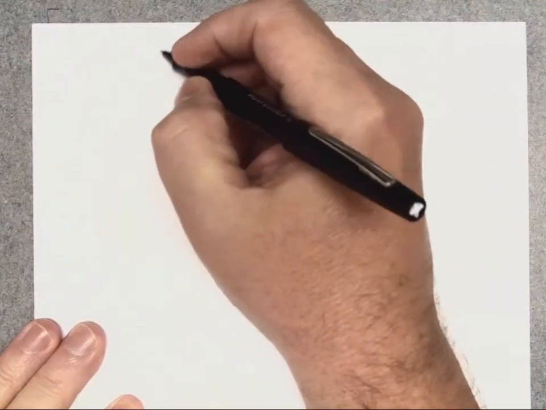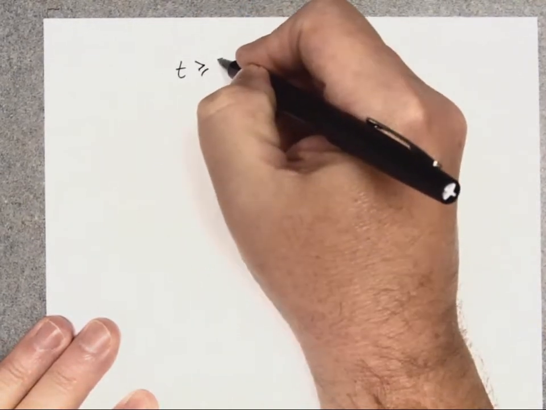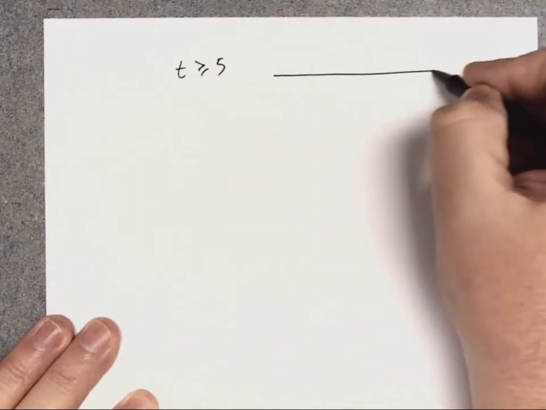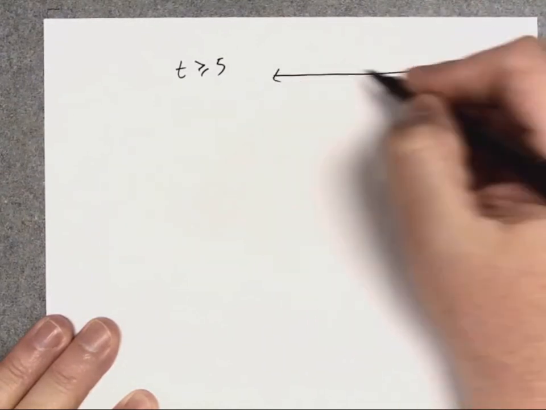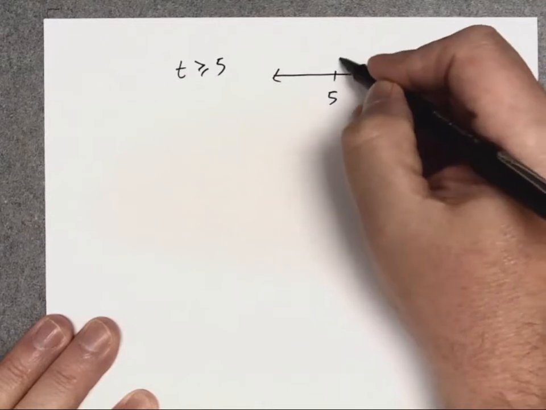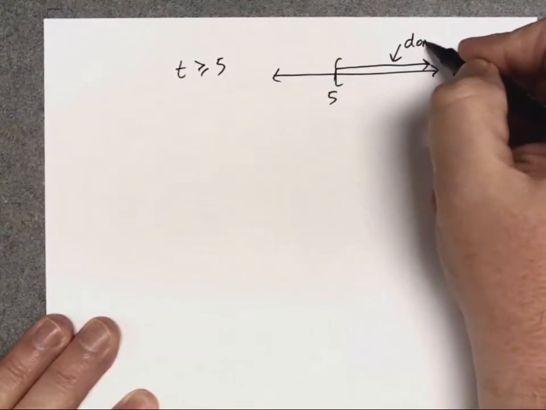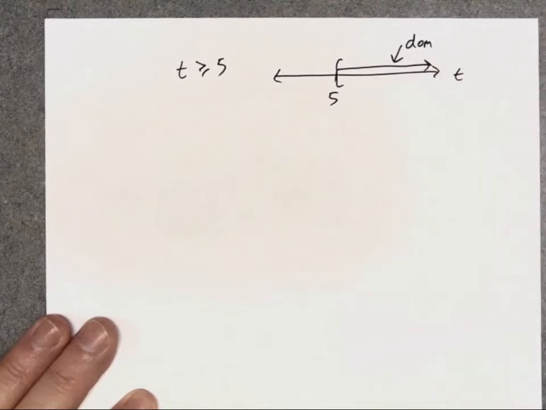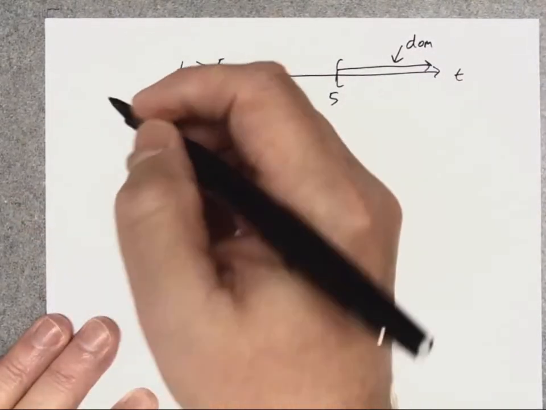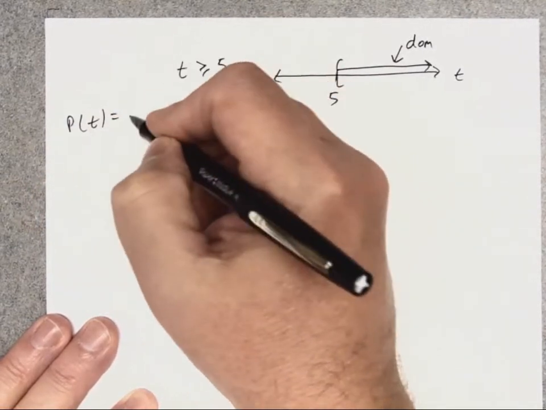So basically, I've determined t has to be greater than or equal to 5, and if I graph it, if 5 is right here. So right now, as of right now, this is my domain. Let me write my function over here again. This is what we're trying to find the domain of.